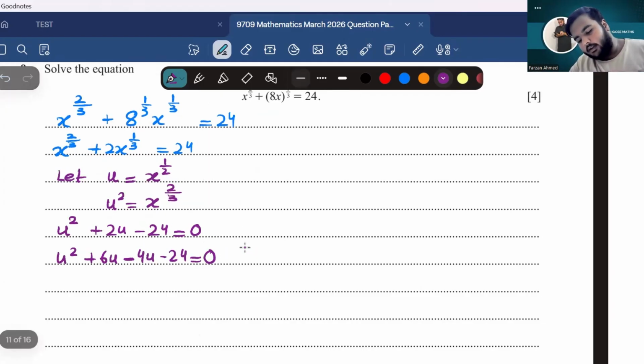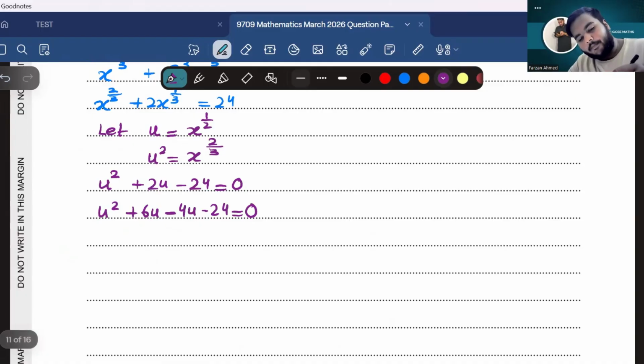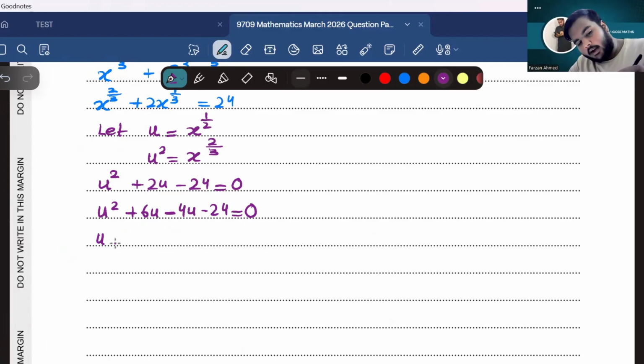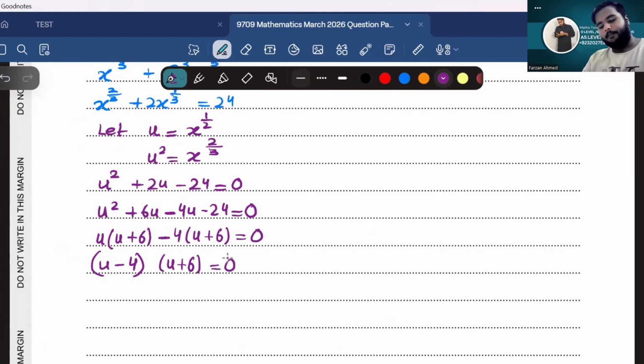Now, this will be u bracket u plus 6 minus 4 bracket u plus 6 is equal to 0. So u minus 4 and u plus 6 is equal to 0.